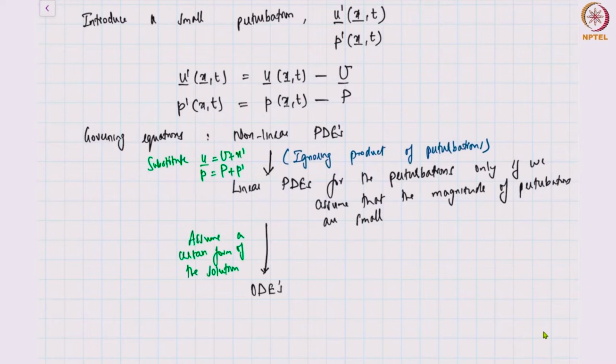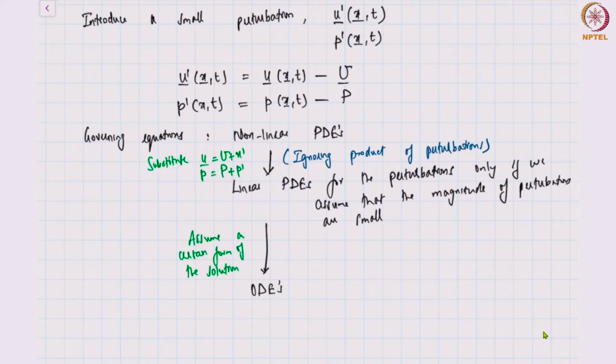So what we typically do in the stability analysis is we go from nonlinear PDE to linear PDE, and from there we get ODEs. It could be a single ODE depending on the problem, or several coupled ODEs, which can be combined into a single ordinary differential equation. Alright. So from this we get what is called the dispersion relation.